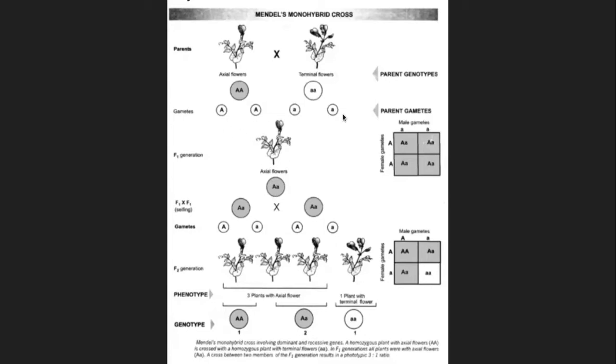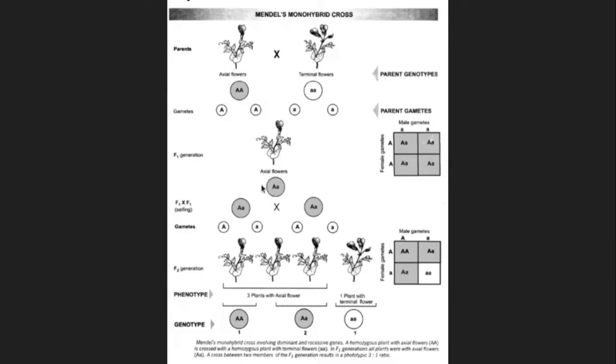In all of those possible permutations and combinations, it will produce the same heterozygous individual expressing axial flower characteristics. Now, when these were self-pollinated, that means capital A small a crossed with capital A small a.